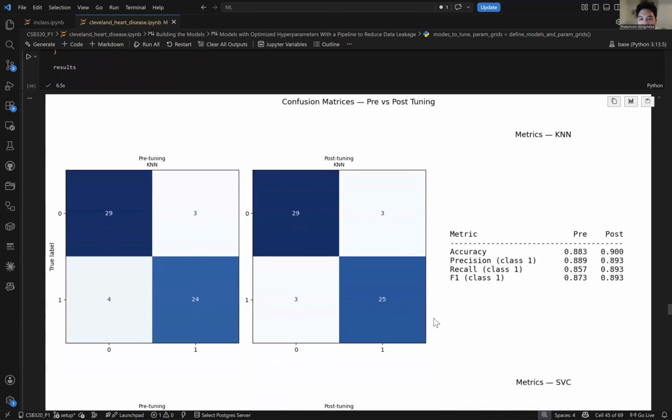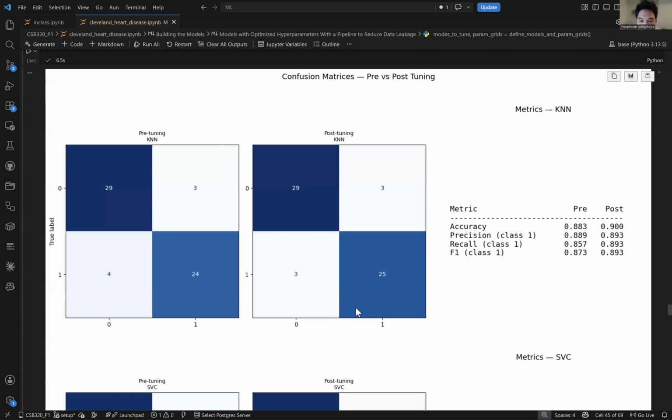So again, for these metrics, I only want to look at how well the model does at classifying those with class one specifically, because a model with a really low recall is a really bad sign, especially for detecting something like heart disease.